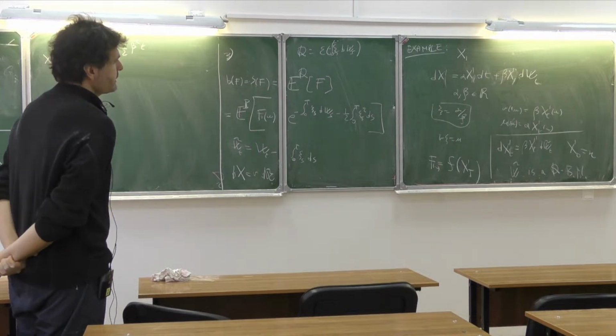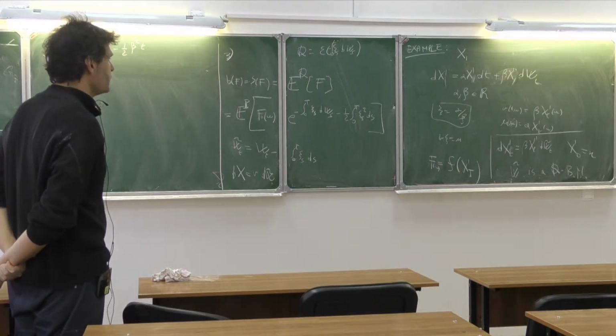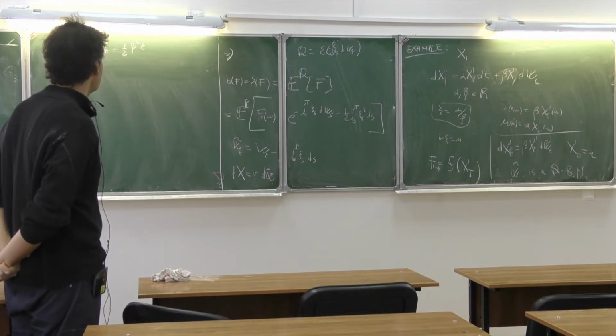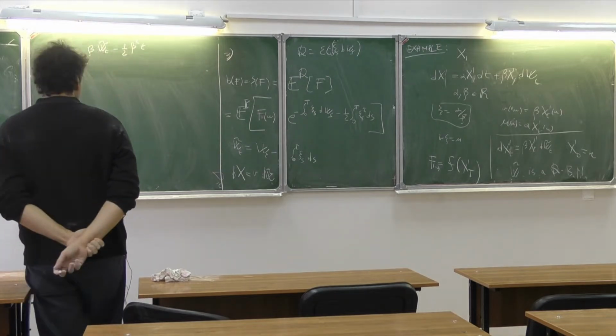It was just the stochastic exponential of beta w t. The initial value is not 1, it's x.